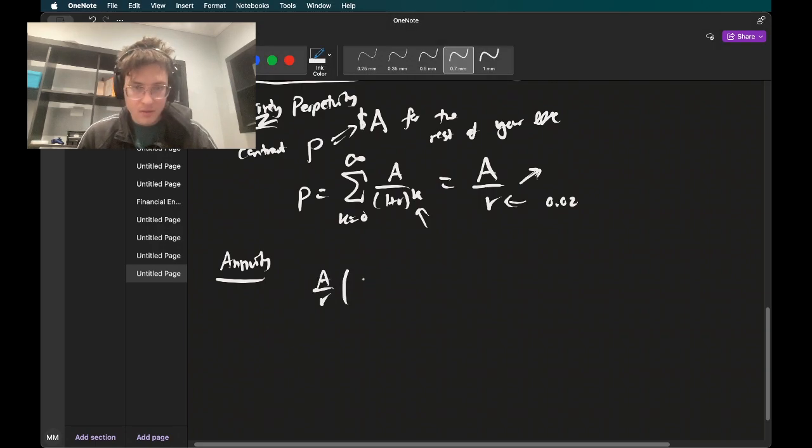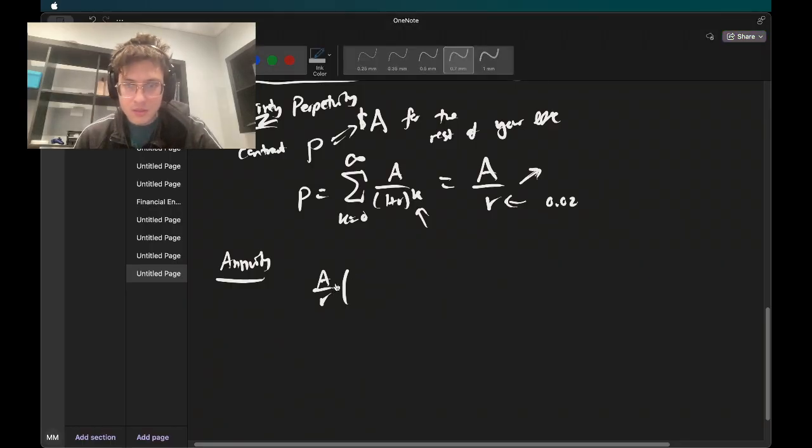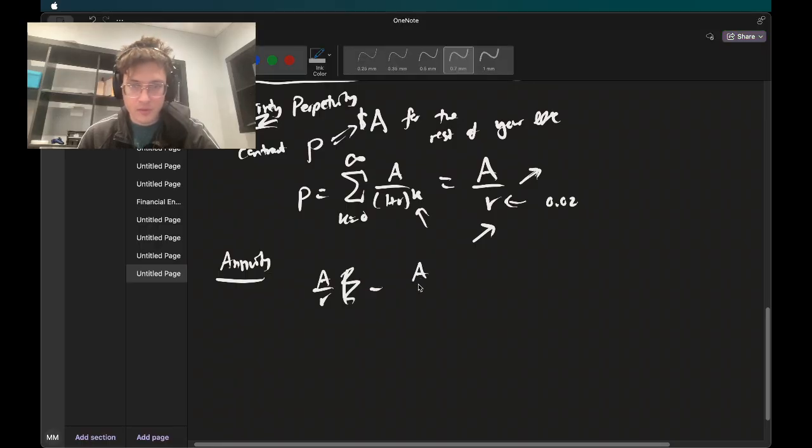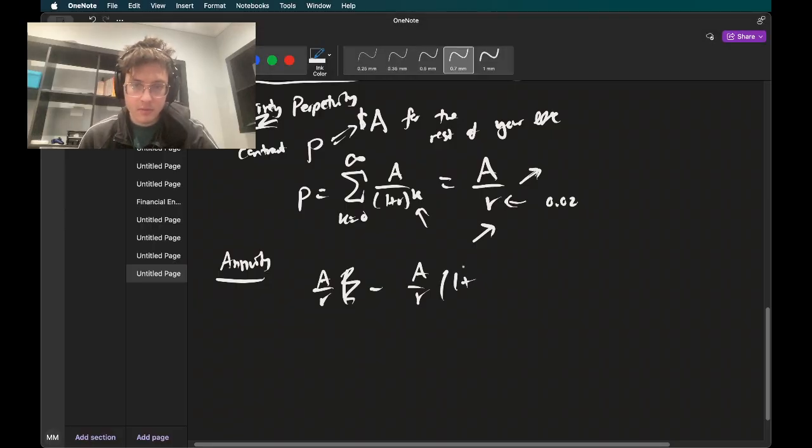The price of this is the price of the first minus the price of the second, except now it's after however many years: 1 over 1 plus R to the N, where N is like the 10 years.